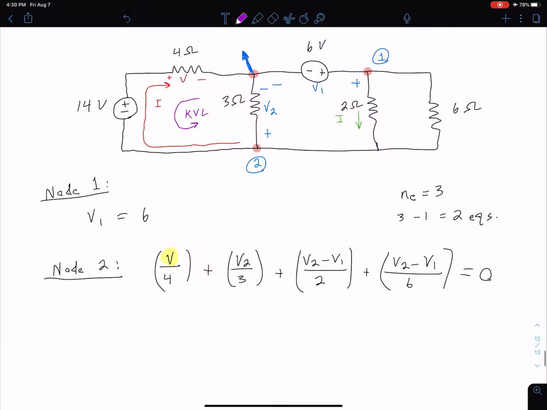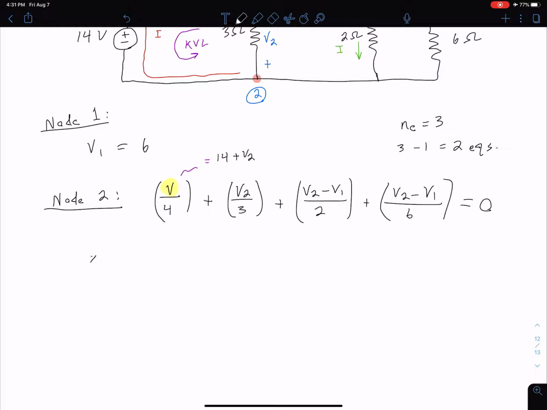V is equal to 14 plus V2. If we put that in place of our V, we have 14 plus V2 divided by 4. If we want to simplify this, we can multiply by 12 and collect terms, and we end up with negative 8 V1 plus 15 V2 equals negative 42.